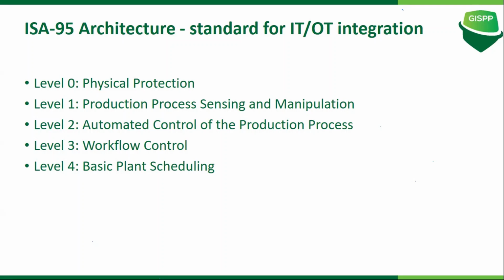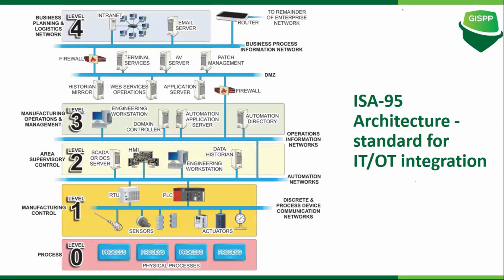Level 3, we discuss the workflow. And then at level 4, we discuss the basic plant scheduling. So this is a whole pictorial view of the ISA 95 architecture that shows how IT OT integration happens.